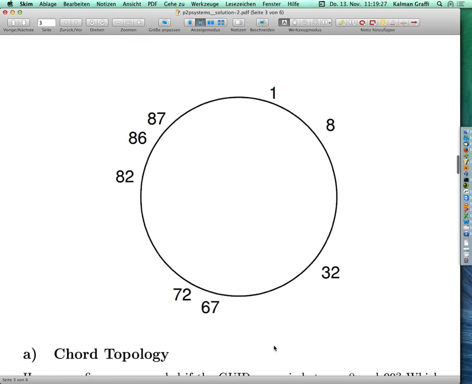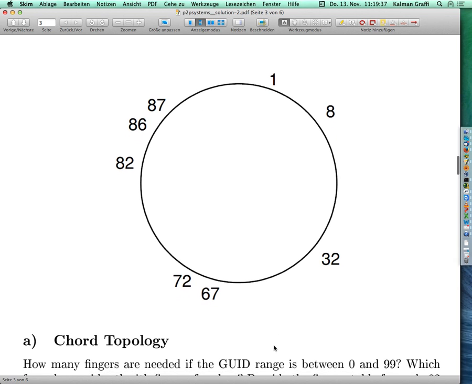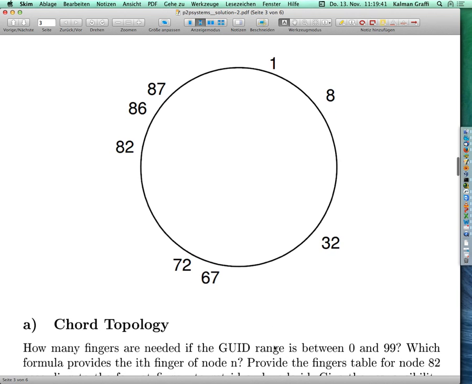And for node 8, yes, from 2 to 8. Again, predecessor plus 1 to the own ID. And for 32, yes, so 32, not 31.